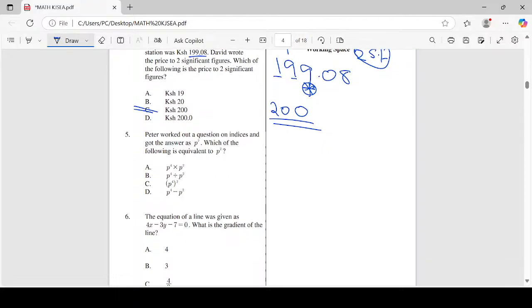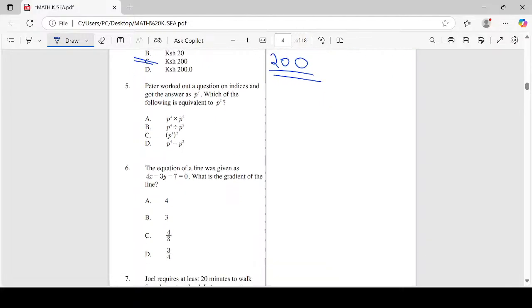Question 5, sorry. Peter worked out a question on indices and got the answer as p squared. Which of the following is equivalent to p squared? Dear learners, we have rules of indices. We have the multiplication law.